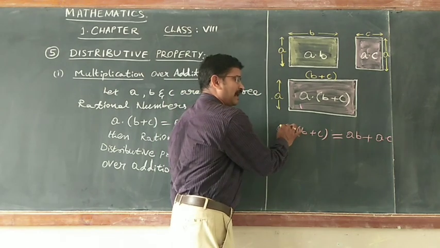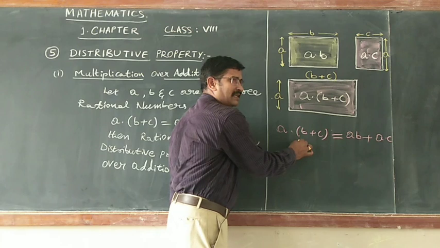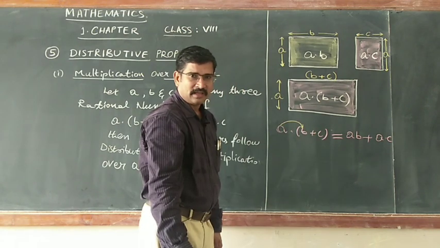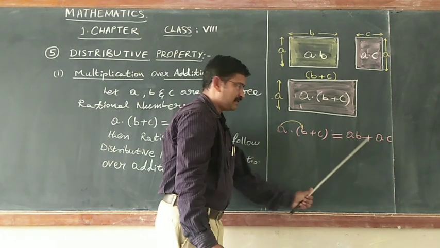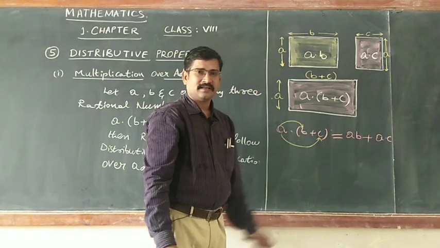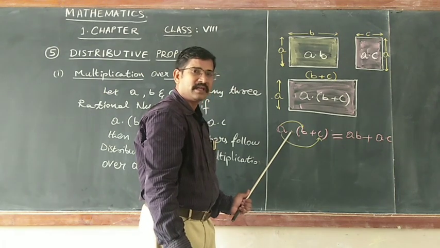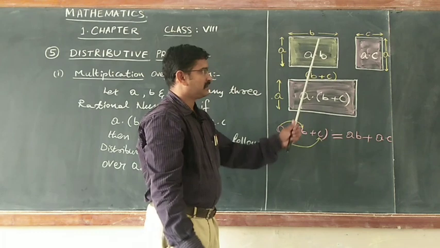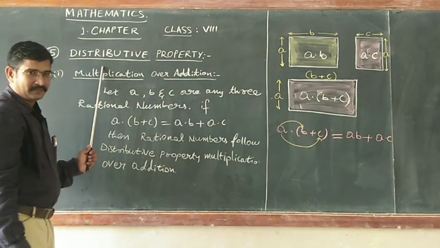Children, A multiplied to the sum of B plus C is equal to A multiplied to B plus A multiplied to C. This is called the distributive property, multiplication over addition. This is geometrically explained to you; here I am showing you mathematically.